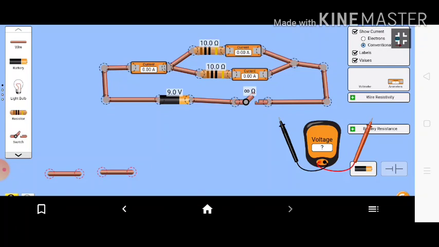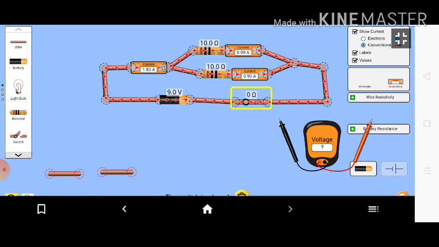Yes, somewhat like this. This is the combination that is usually referred to as a parallel combination, isn't it?